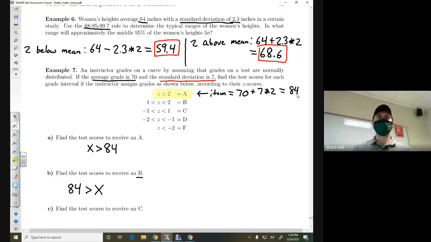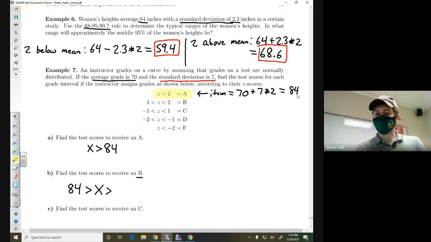Now, if you do get an 84, I don't remember any equal to signs in this problem, but it's not going to ask you anything specific. It'll just have blanks and you'd put 84 in the next one. So we know the upper bound of B, because if you're above 84, then you're an A grade. So now we need to figure out the lower bound.